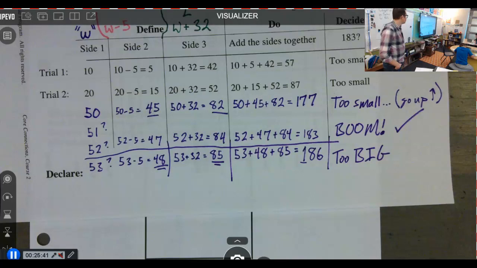Take 5 away from 52. If we add 32 to 52, and then if we add all those up, finally, after 5 tries, we figured this out.